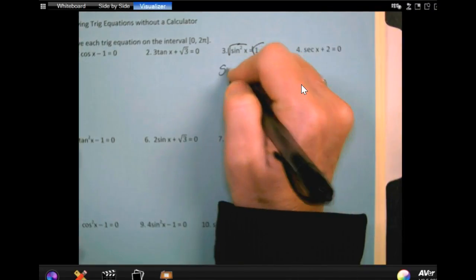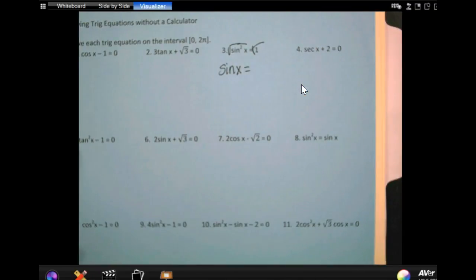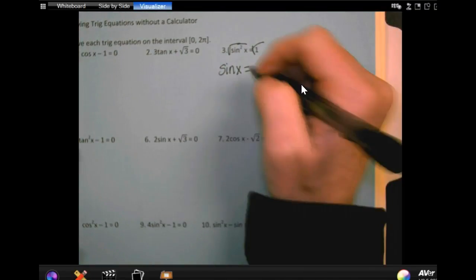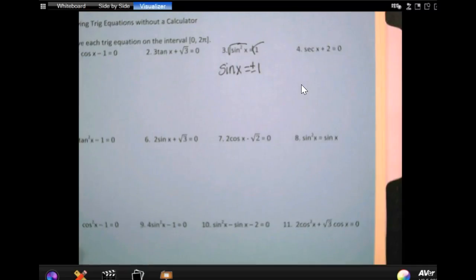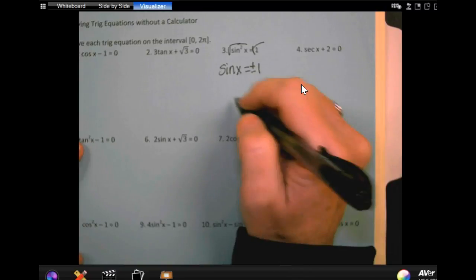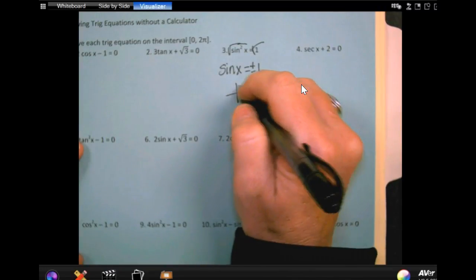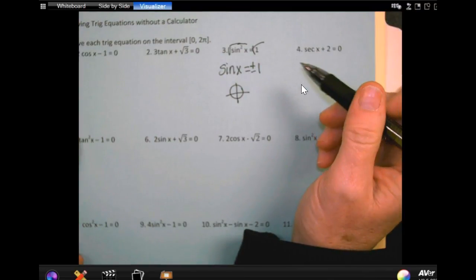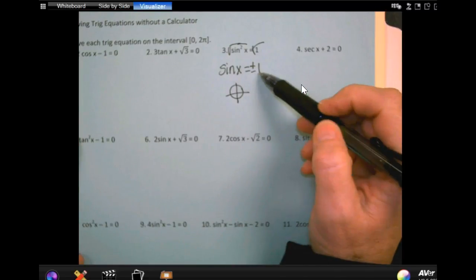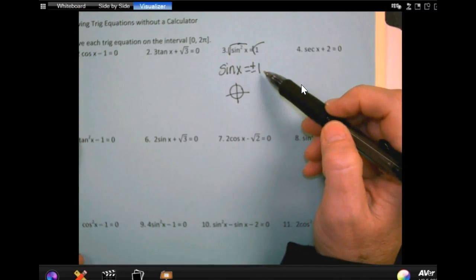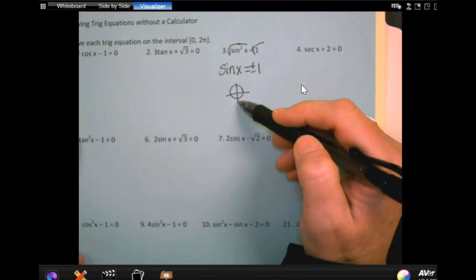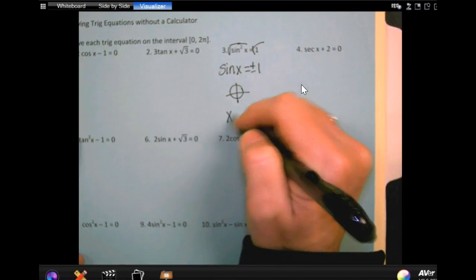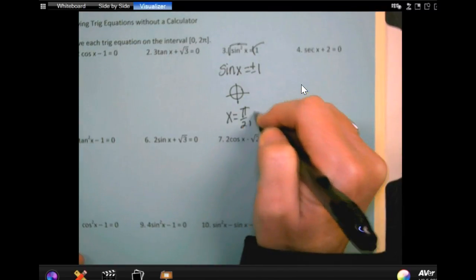This gives me the sine of x, but on the other side, the 1 is a plus or minus 1, because when you take the square root, we don't know if it's a plus or minus. So where is the sine a plus or minus 1? At pi over 2 and 3 pi over 2. So those are your answers.